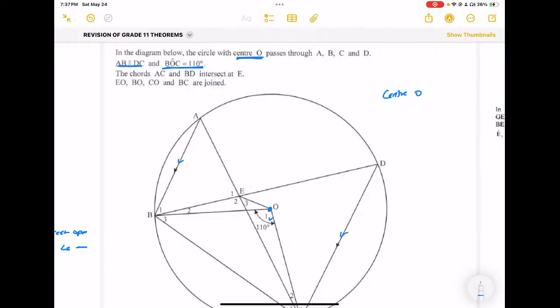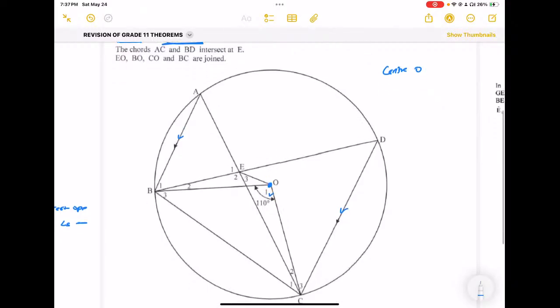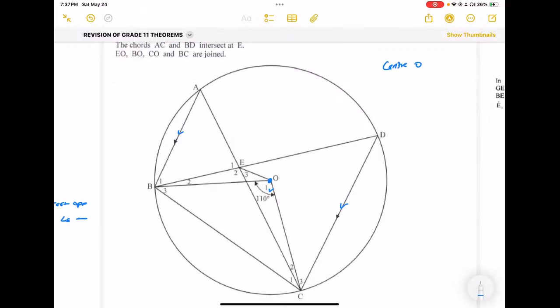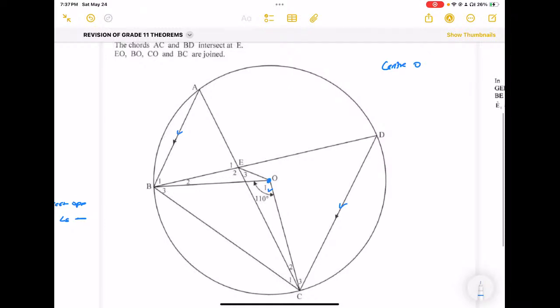I'll only talk about the angle at the center being two times the angle at the circumference, because O1 is subtended from BC, right? So what else does BC subtend? It also subtends D and A, so we'll talk about D. 2D is equal to O1, right? It's the angle at the center, two times the angle at the circumference.